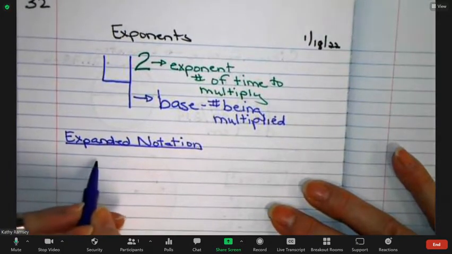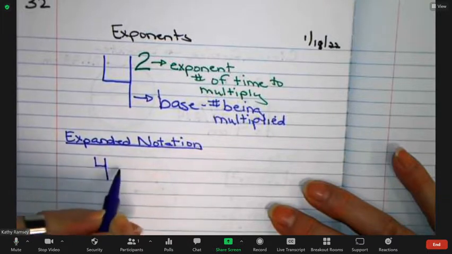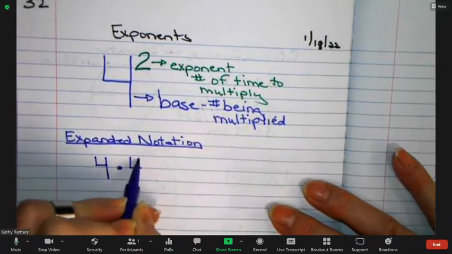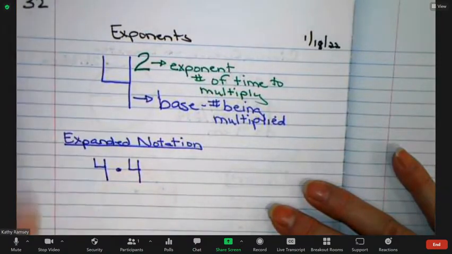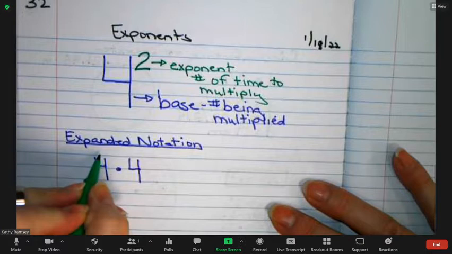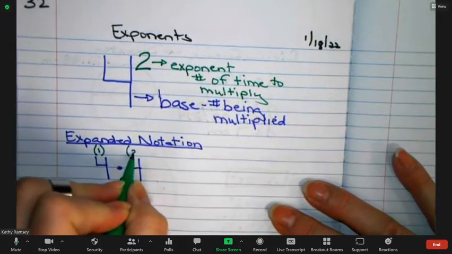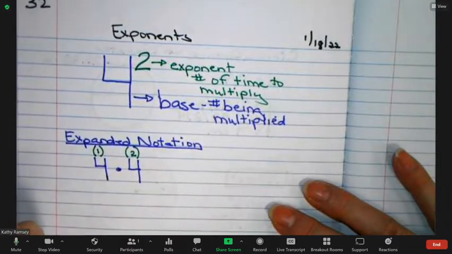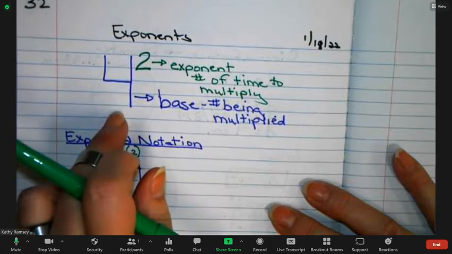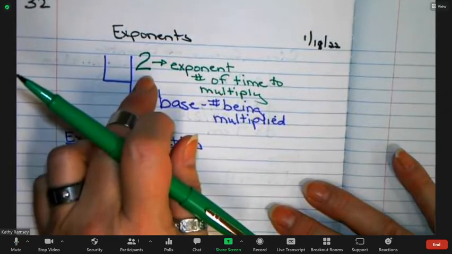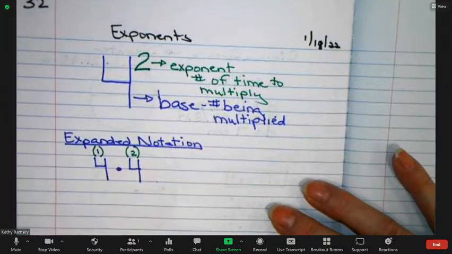We're going to say 4 times 4. This is number 1. This is number 2. So we multiplied 4, which is the base, twice. Once, twice.